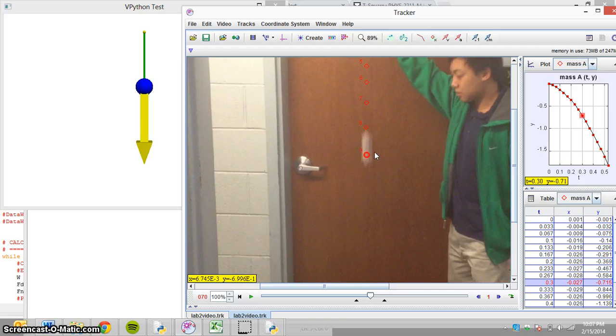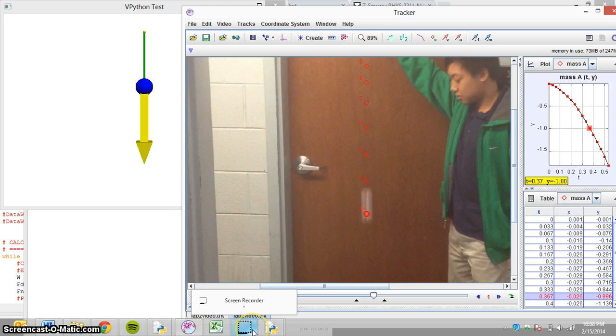And so I had to try to pick the best point possible to plot in this data set right here. So a lot of it is due to the low quality camera that I'm using. But overall, we get a pretty good model of how objects fall through the air.